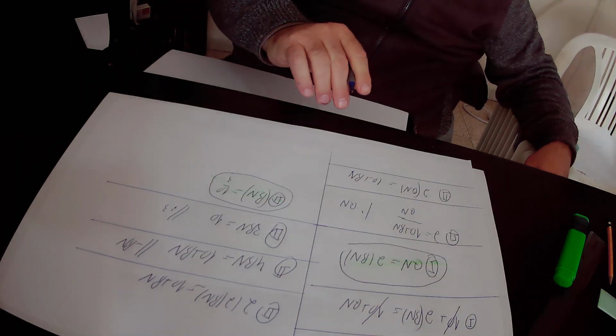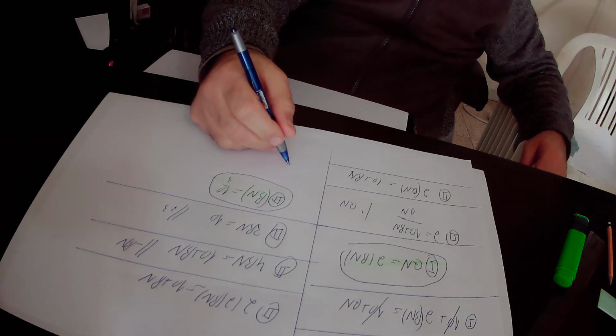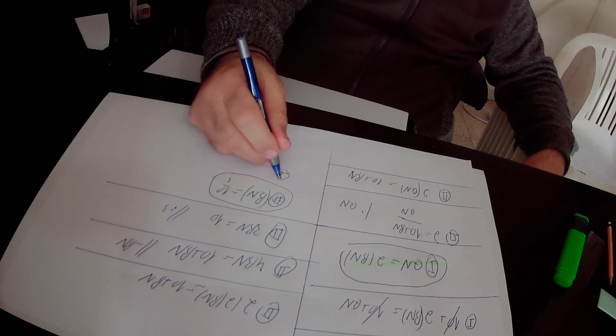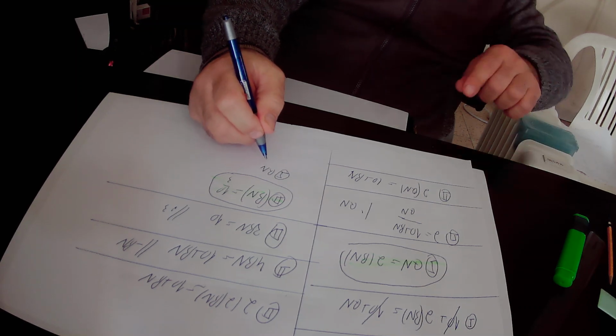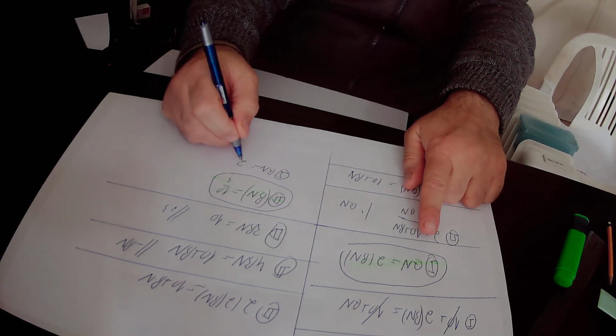According to equation number 1, we found out that Qn equals to 2 times Bn.